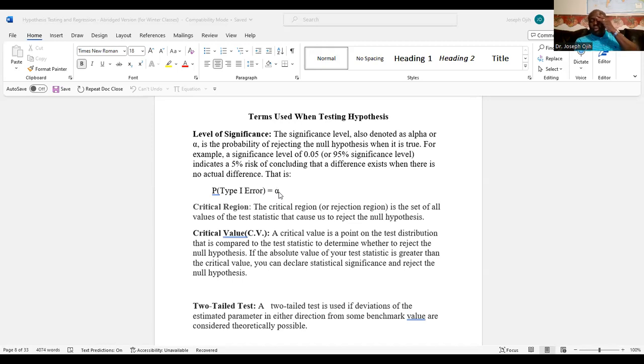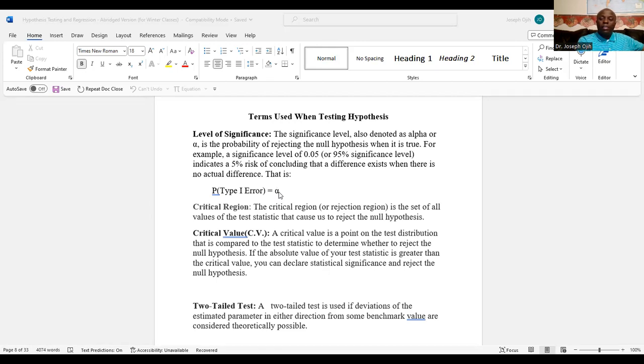The most common significance level we use in statistics, especially at this level, is 95%. That means if you're using 95% significance level, your probability of rejecting a correct null hypothesis should be 5% only. So your alpha will be 0.05.